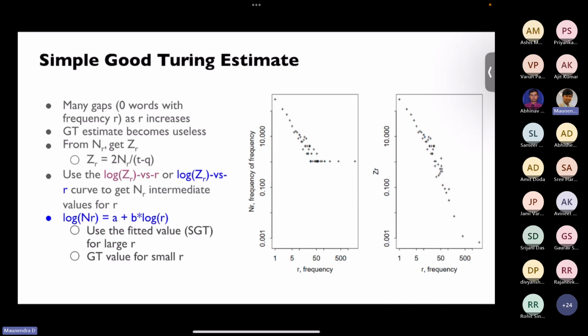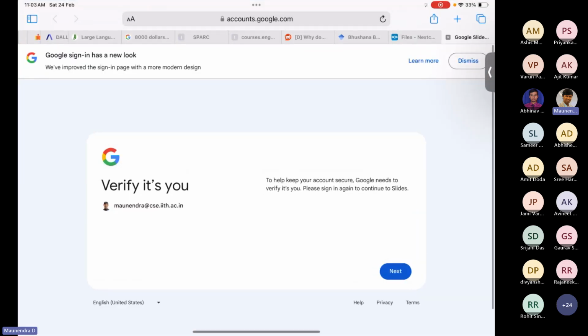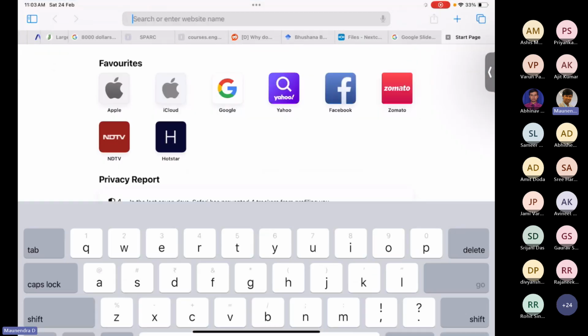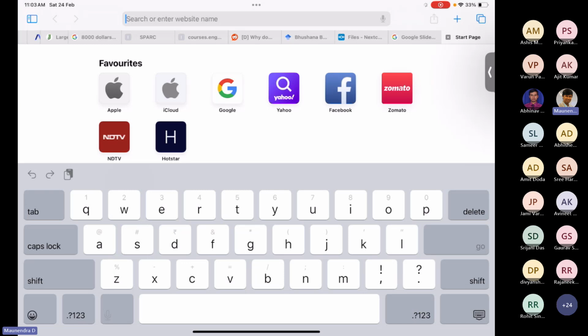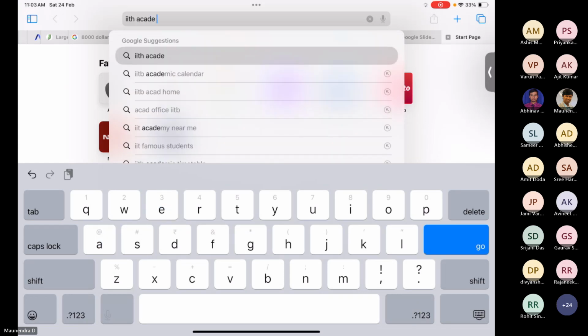Now, let me exit from here. Some of you have also requested the LSEM timetable, so let me tell you. The first Saturday is the exam slot.